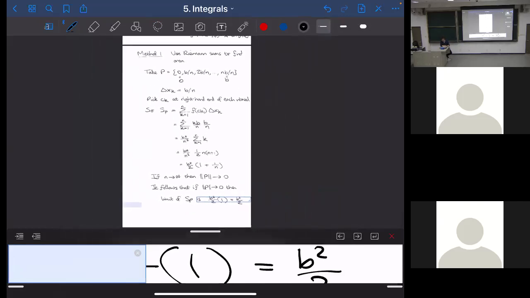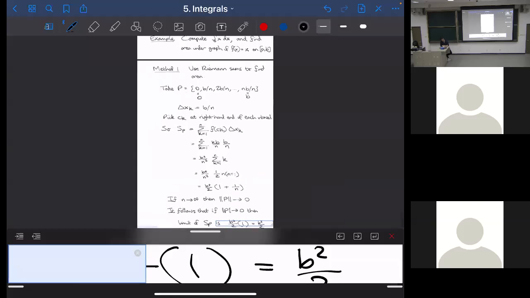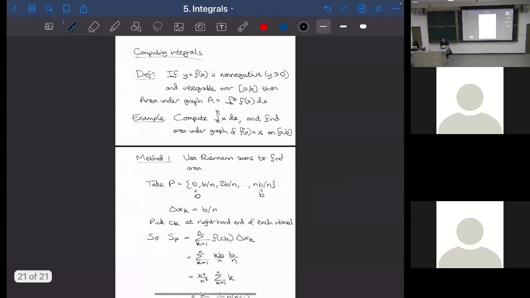And so looking back, the area under the graph, it's just off the screen, but let me get it back.